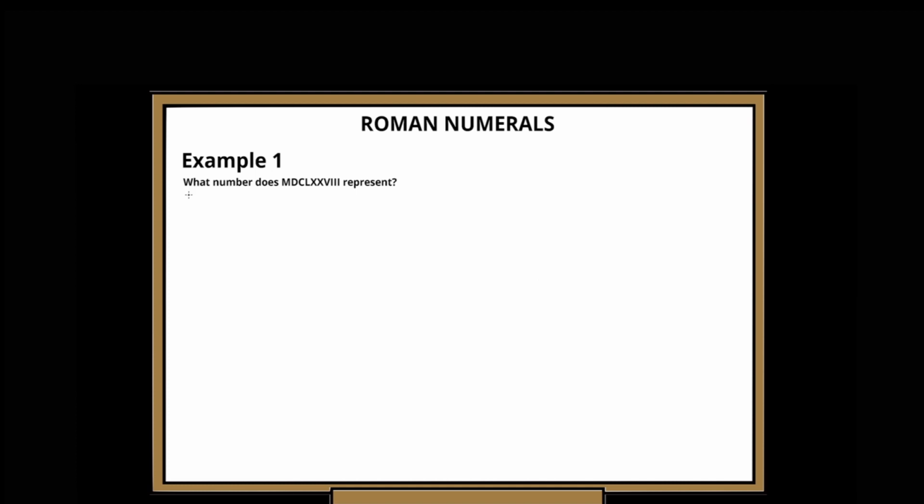Example 1. What number does MDCLXXVIII represent? For us to solve this now, we have to start working from the left. M equals 1000.